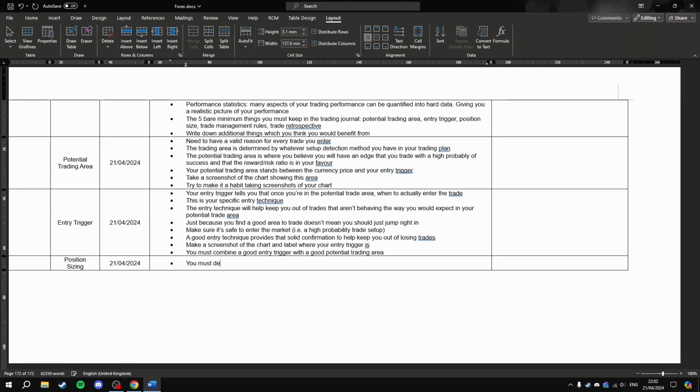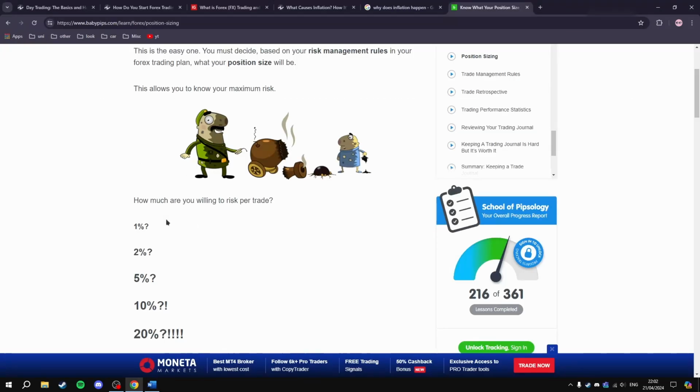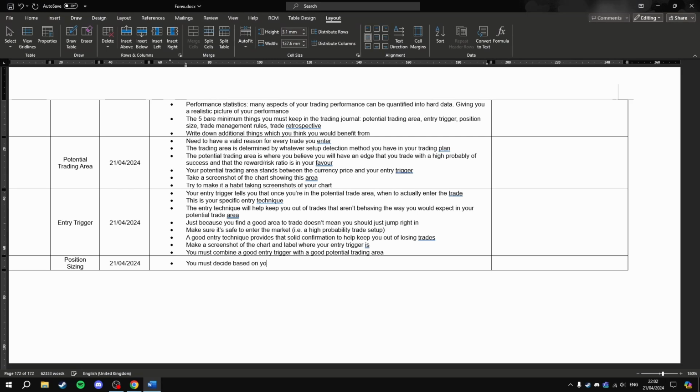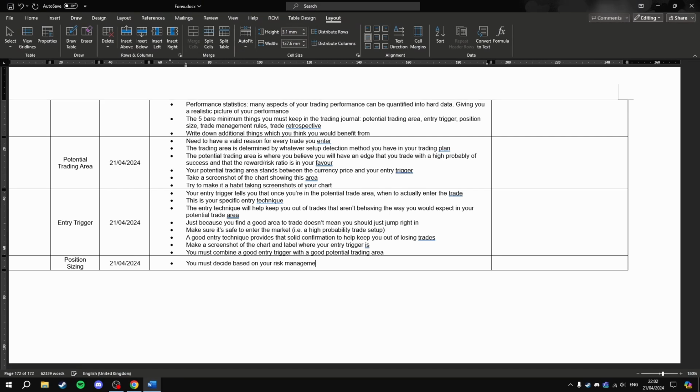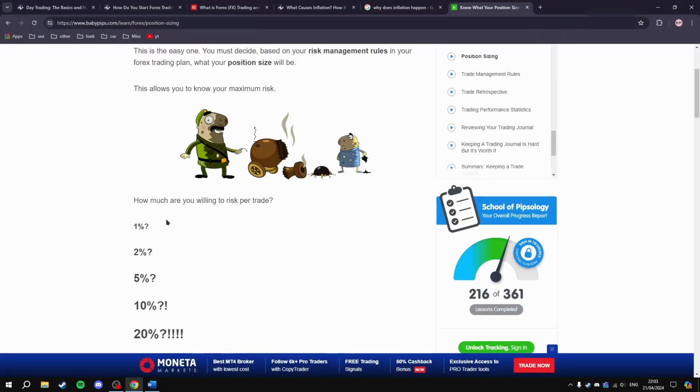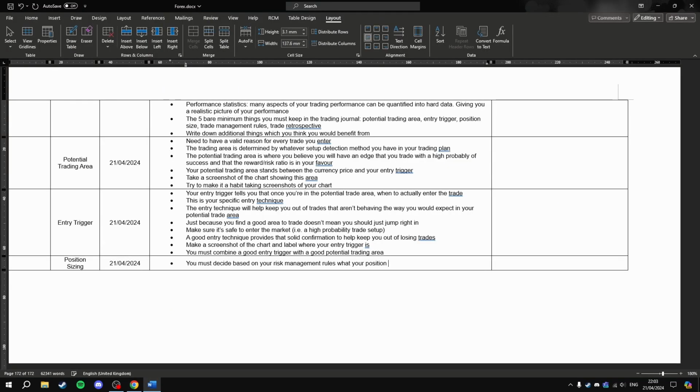You must decide, based on your risk management plan or risk management rules in your trading plan, what your position size will be.